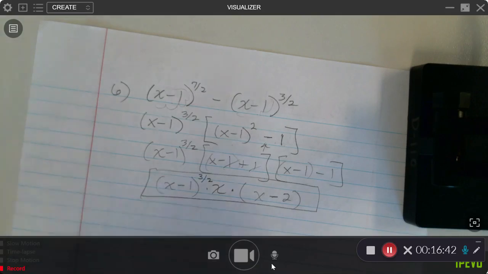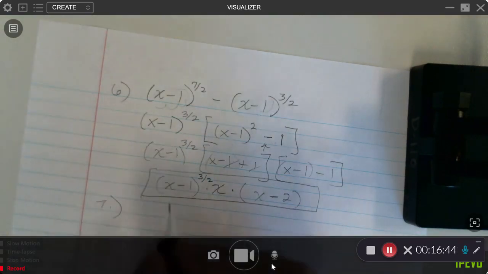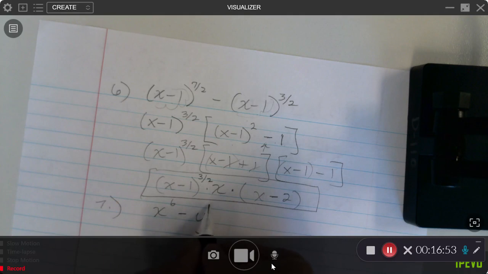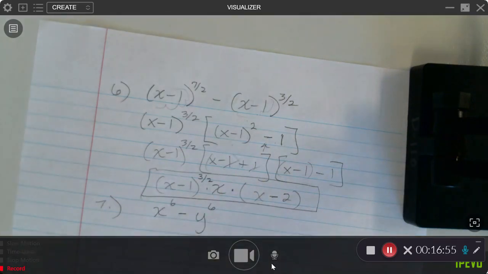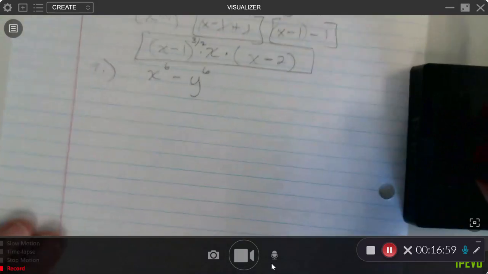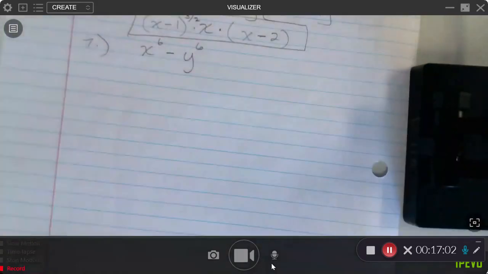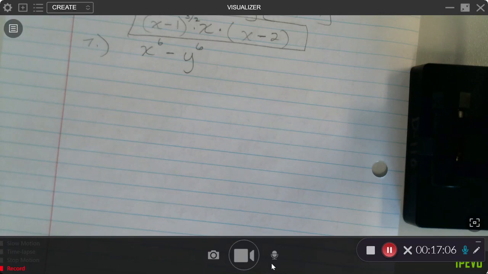I didn't show the other group this one this morning. What if I have something that can be the difference of 2 cubes and the difference of 2 squares? Which one do you do first?